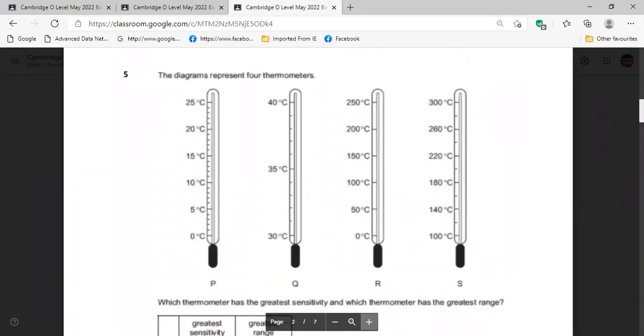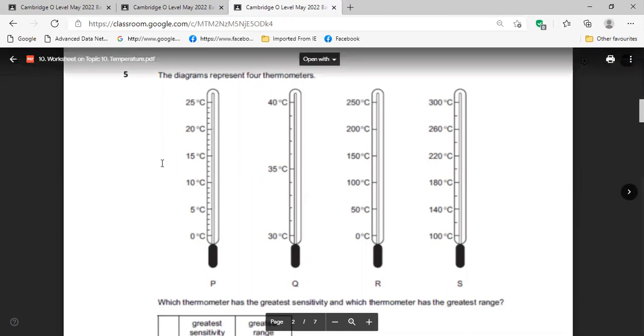Look, there are four thermometers, right? Yes, sir. So here the first one can measure from 0 to 25 degrees Celsius. So what is the range of this thermometer? 0 degree to 25 degree. So the range is 25 degrees Celsius, right?